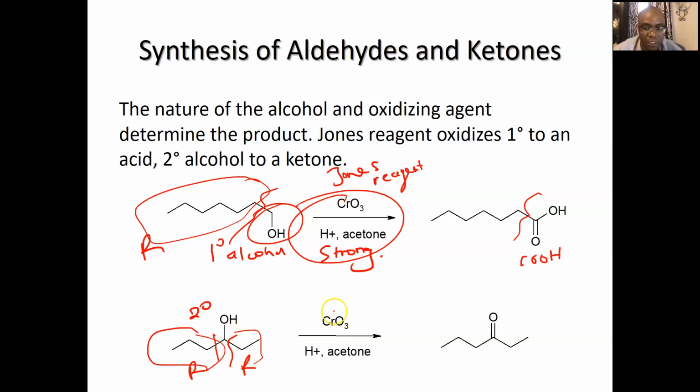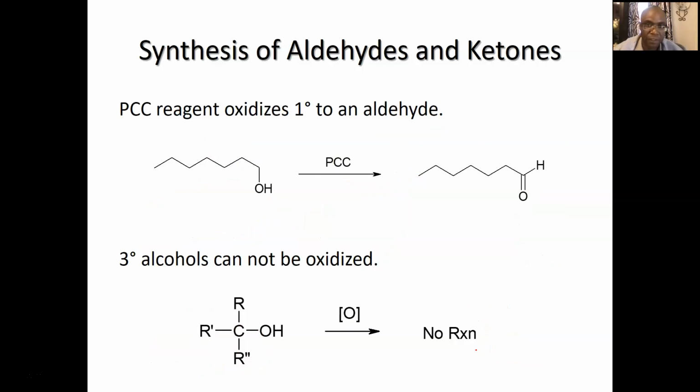So it's secondary. Oxidizing secondary alcohols, you always get a ketone, where the OH makes a carbonyl. If it's PCC, PCC is mild. So the primary alcohol will be only oxidized to an aldehyde.